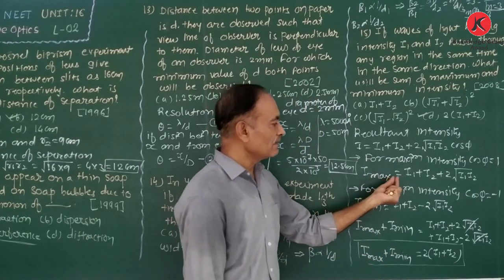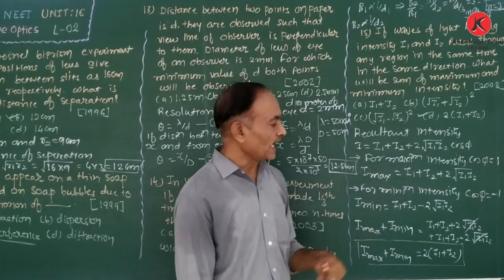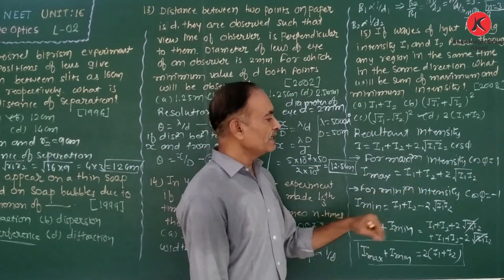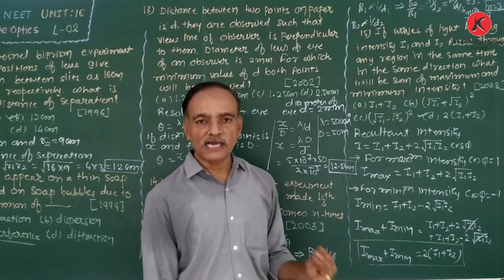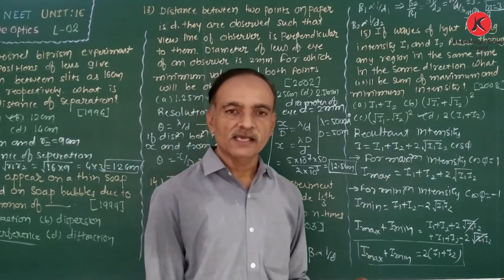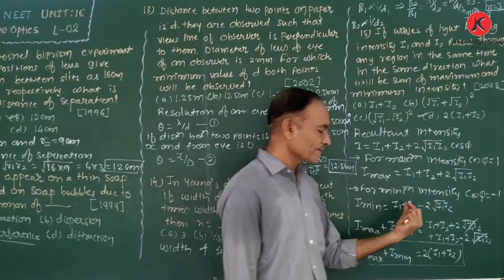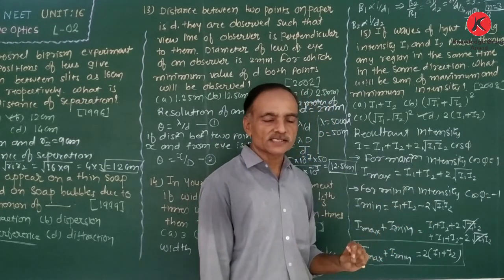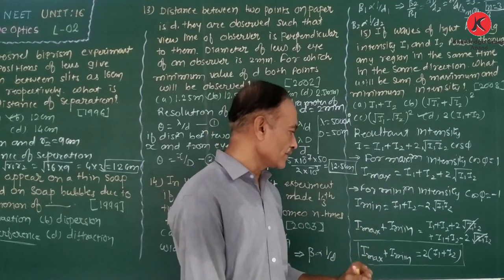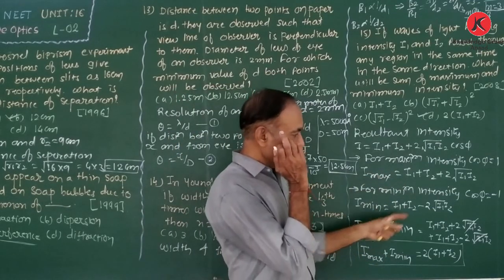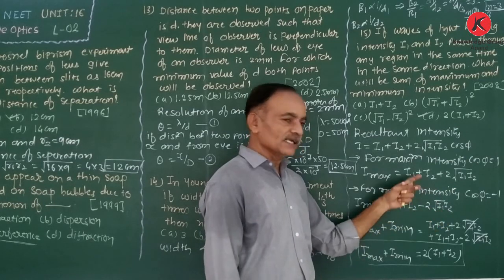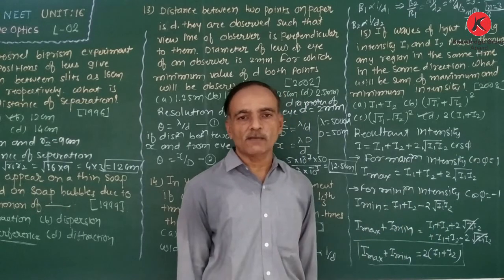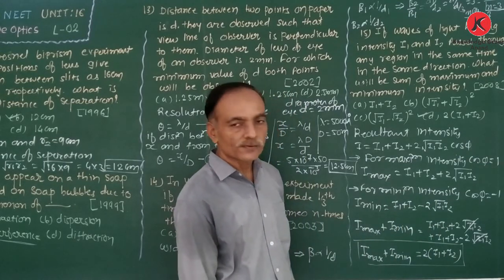Therefore, I maximum is equal to I1 plus I2 plus 2 under root of I1 I2. Now for minimum intensity, the phase phi is equal to pi, cos pi is equal to minus 1. Therefore, I minimum is equal to I1 plus I2 minus 2 under root of I1 I2. Take the sum of these two. So this plus and this minus cancel. So I1 two times, I2 also two times. Therefore 2 is common, I1 plus I2.